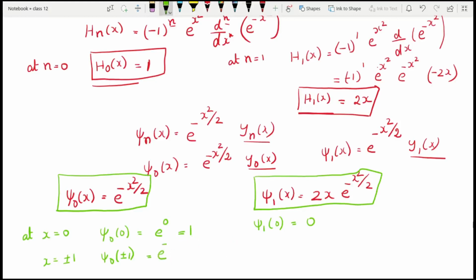And psi 1 of plus 1 will be 2 into e power minus x square divided by 2, that is e power minus 1 by 2 into 2. And for psi 1 of minus 1, we will be getting minus 2 e power minus 1 by 2. We will see the given options to see whether any option is correct or wrong.